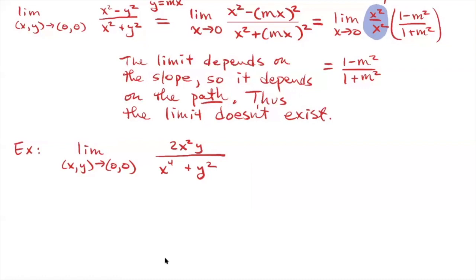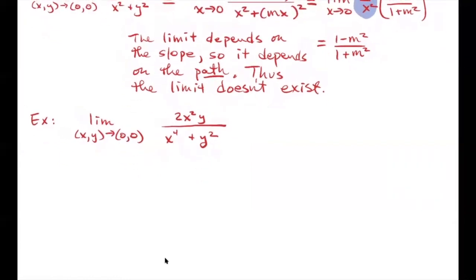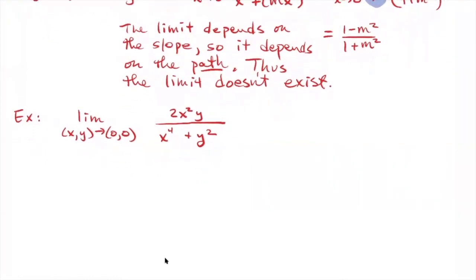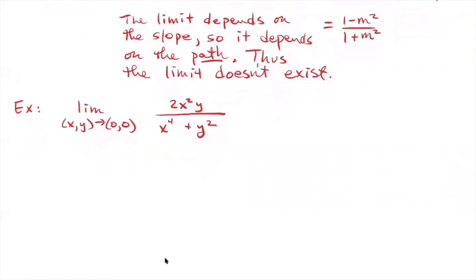You can approach the origin along lots of different directions, but let's do these all at once. So let's do, as we did on the last example, y equals mx.